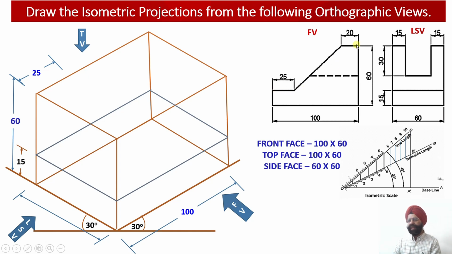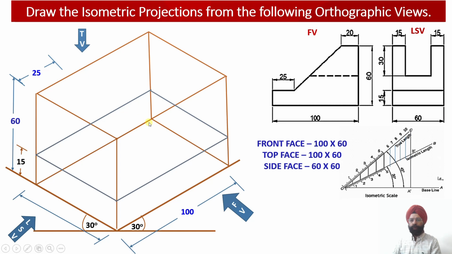This is the rear face and this is the front face. So it is going to end at a height of 15 millimeter and at a distance of 25 millimeter from the front face. Please check, this is my front face, and 25 millimeter from the front face I have drawn a point over here. So this will be one point. Similarly, this will be another point.